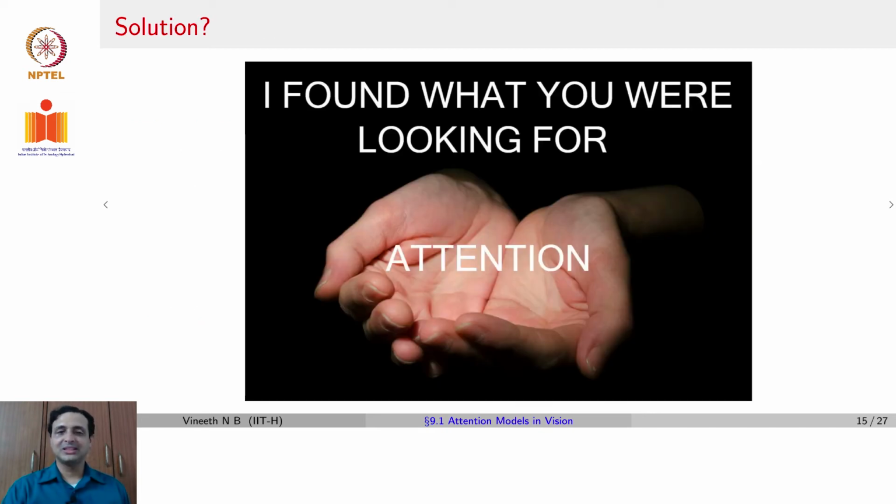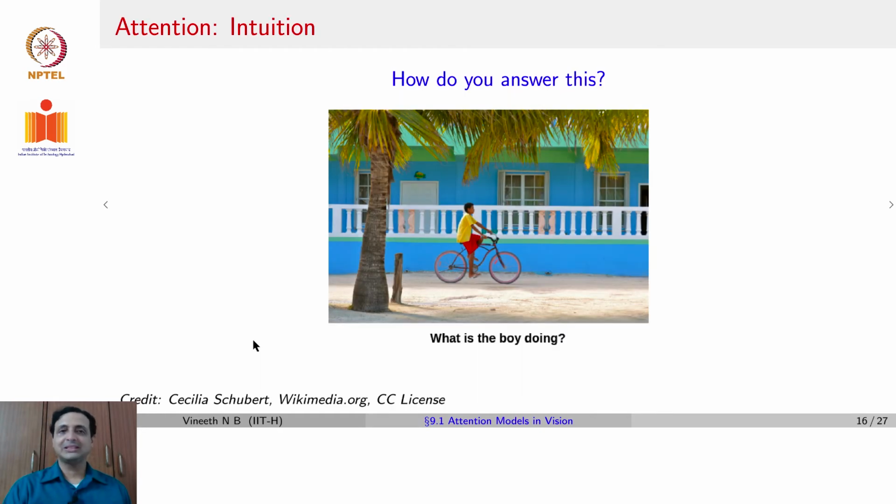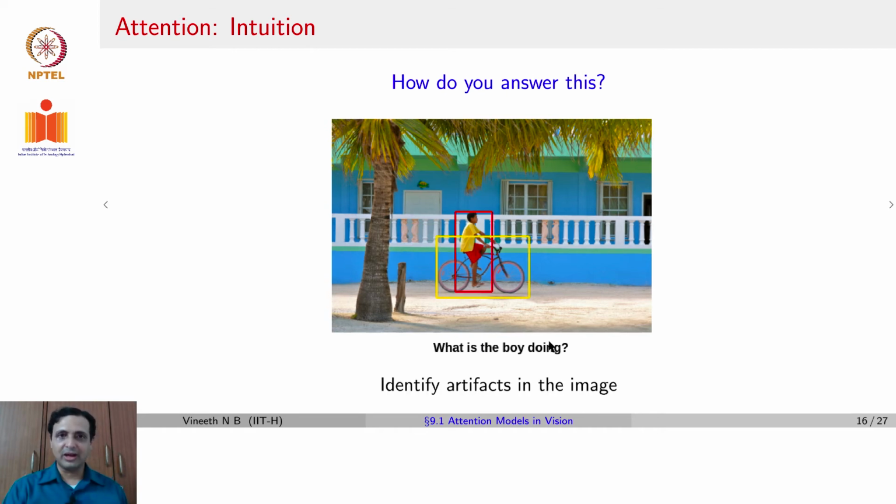So what is the solution to this problem? The solution, which is extensively used today, is what is known as attention, which is going to be the focus of this week's lectures. So what is this attention? Intuitively speaking, given an image, if we had to ask the question, what is this boy doing? The human way of doing this would be, you first identify the artifacts in the image.